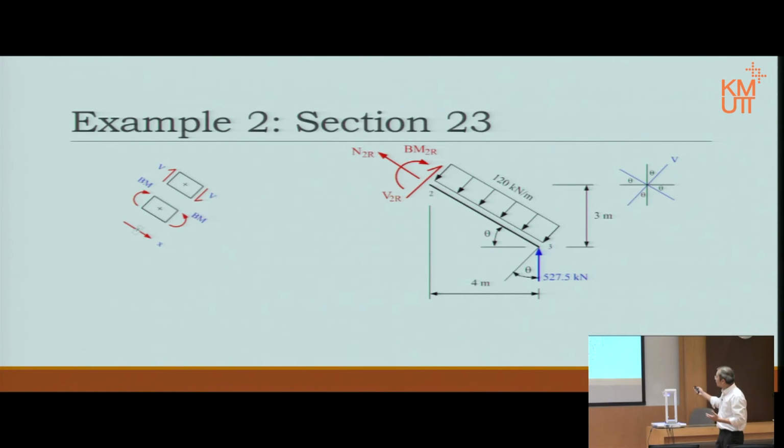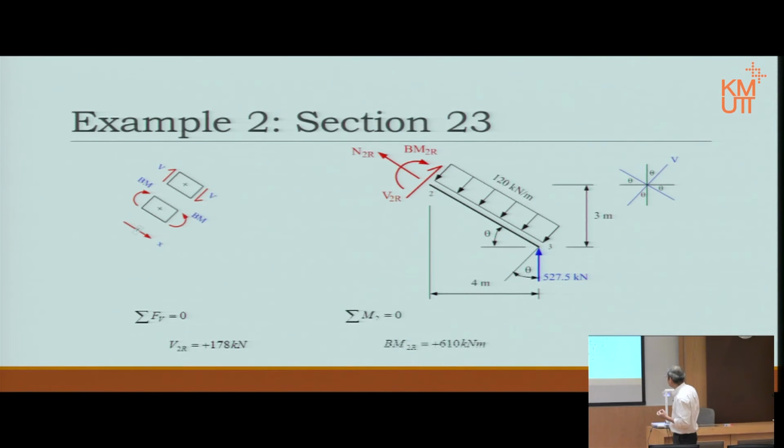Now, once we have this done, to avoid having too many unknowns in one equation, I don't want N when I calculate V. So I take the summation of all forces in the shear direction, sigma Fv equals 0, and then there is only one unknown, and I get V2R immediately. M2 comes from the sum of moments about point 2.